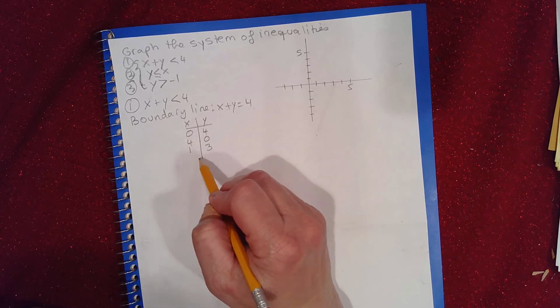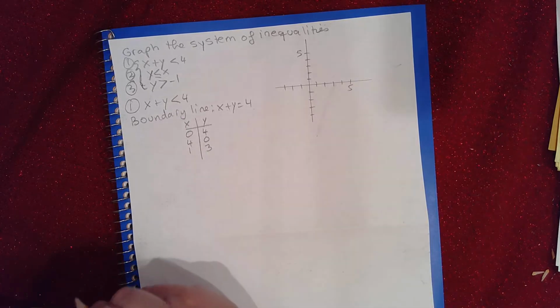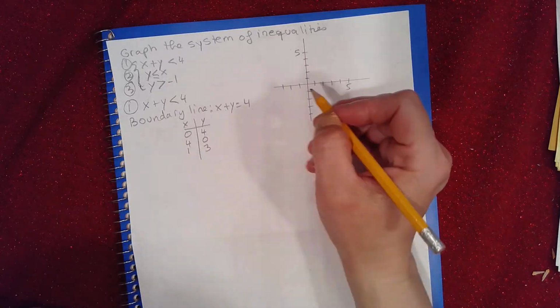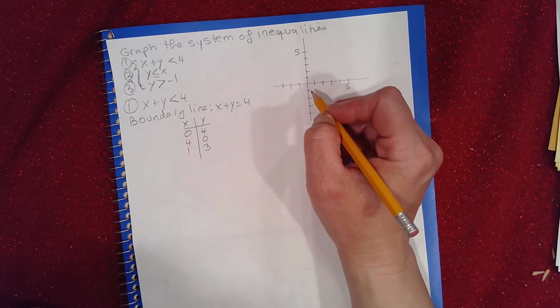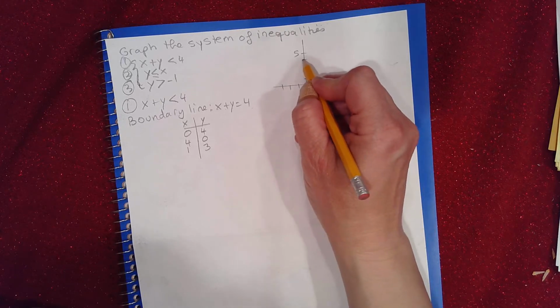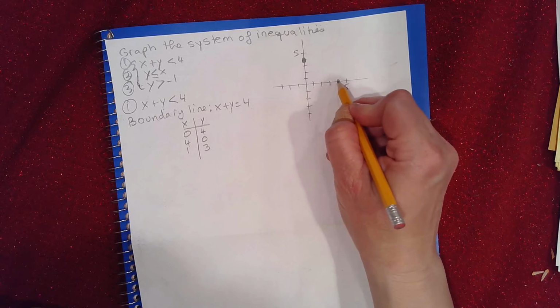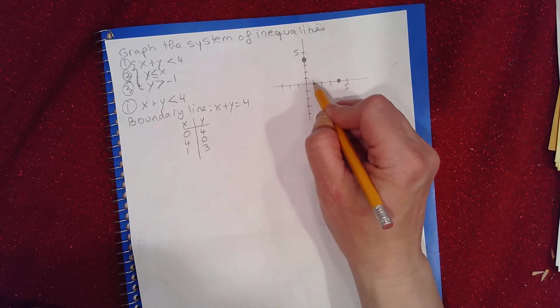Or 2 plus 2 is 4. So you can easily pick points on the line. So you have 0, 4, 2, 2, and 4, 0, and you have 1, 3.